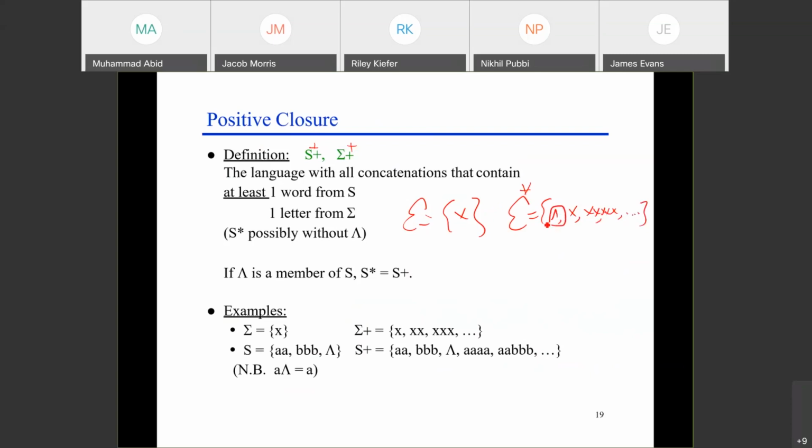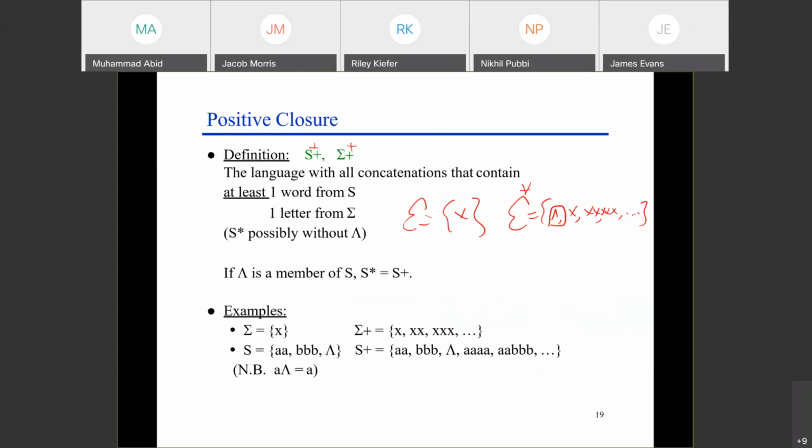So positive closure says, no, I will not do that. I agree with Kleene star about what you are doing. You are doing all possible combinations of the basic building block. But why are you bringing lambda there from nowhere? So positive closure says, I will not bring anything from myself. If lambda is there in your basic building block, I have no problem with that.